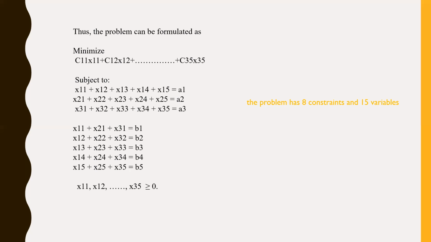So the steps involved in the northwest corner method are: first we have to identify the northwest corner cell. Then we have to see the amount for which the maximum allocation can be done. So the demand and supply are seen, where in the example I gave, 30 is the supply and 40 is the demand.